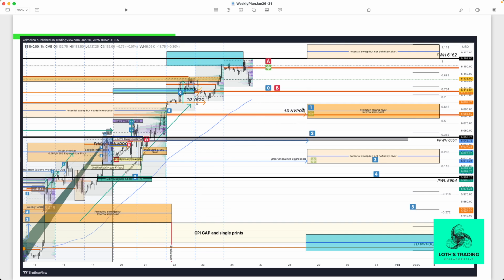Below this area, if the market does start to sell off through the week, then we could see price come down all the way to this imbalance from that Monday overnight reversal where there was that big inducement and flip. And that's around the 60.10, 60.05, all the way down to the 59.40, the prior week low. So that's the weekly low from last week.